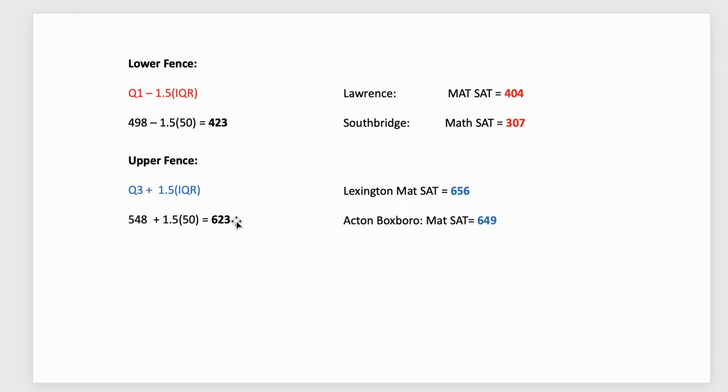Anything above the upper fence, which was 623, is a high outlier, and both of these math SATs are in excess of 623. Hope this video helped you understand how you calculate fences and how you decide whether a particular value is above or below a fence.